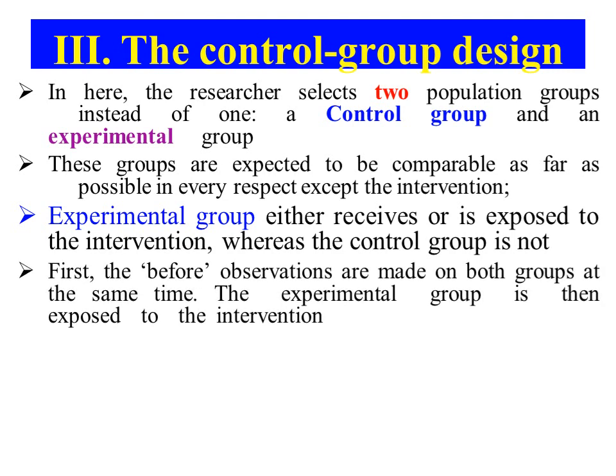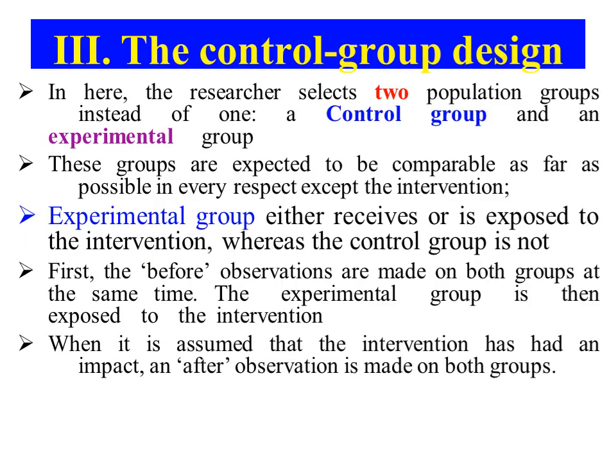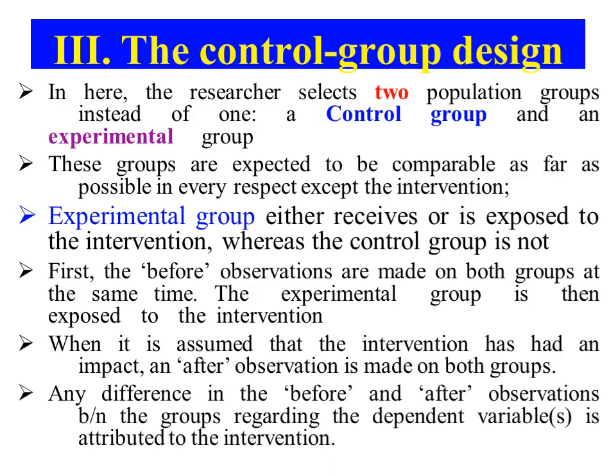First, the before observations are made in both groups at the same time. The experimental group is then exposed to the intervention. When it is assumed that the intervention has had an impact, an after observation is made on both groups. Any difference in the before and after observations between the groups regarding the dependent variable is attributed to the intervention.